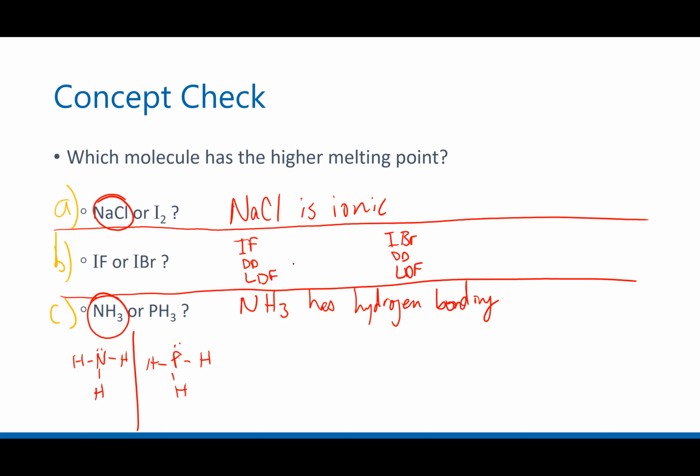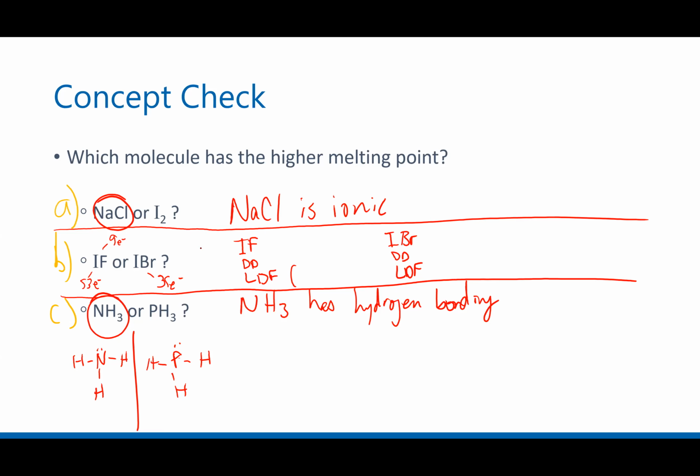So IF has, I've got to open up my periodic table. I'll do it on my other screen because we're very low on time. I should know what I is, I'm embarrassed. I is 53. So I has 53 electrons. F has 9. Br has 35.